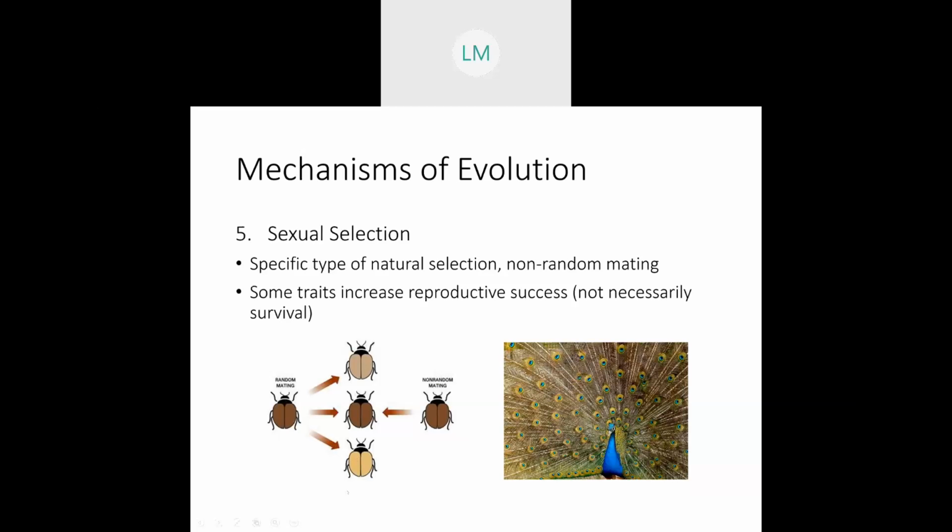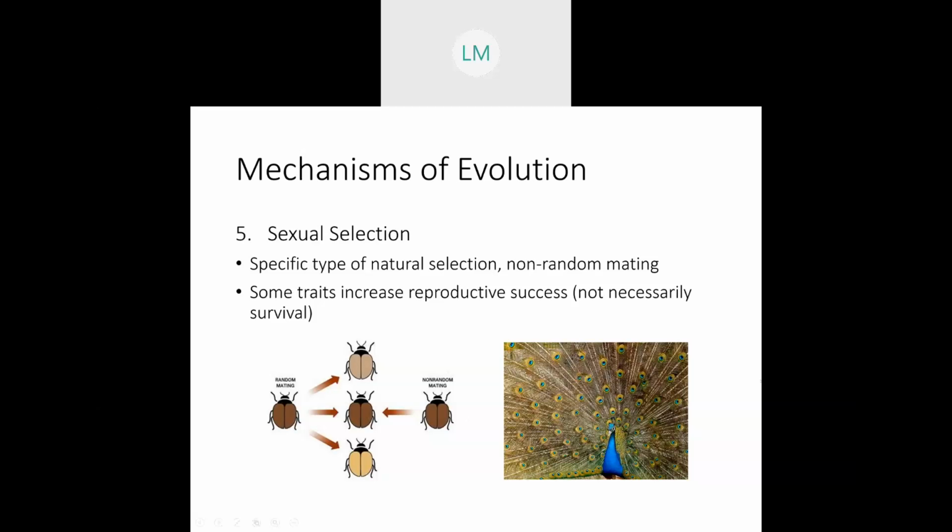Doesn't matter. Maybe it's whichever one they come across first. Maybe it has to do with something else, but it has nothing to do with this variation in trait. Non-random mating or sexual selection means that this individual is preferentially mating with this individual compared to the other two. Okay, so non-random mating is sexual selection.